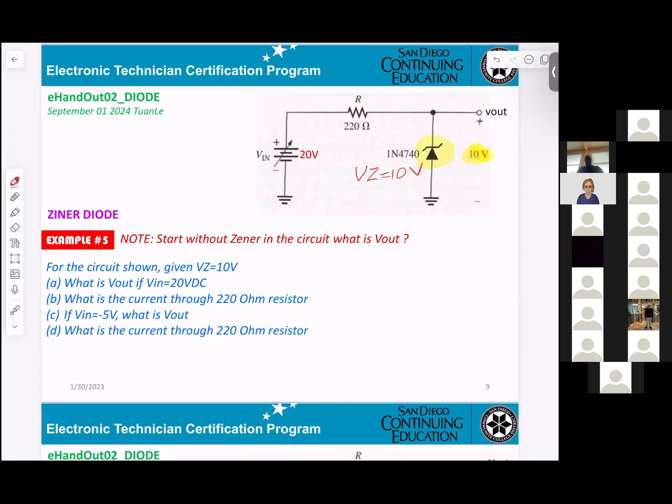Again, you get 10 volts because the supply is 20 volts and the Zener is regulated for 10, and that's the maximum you're allowed to have. That is, you can get the right answer, but it's not a good explanation.